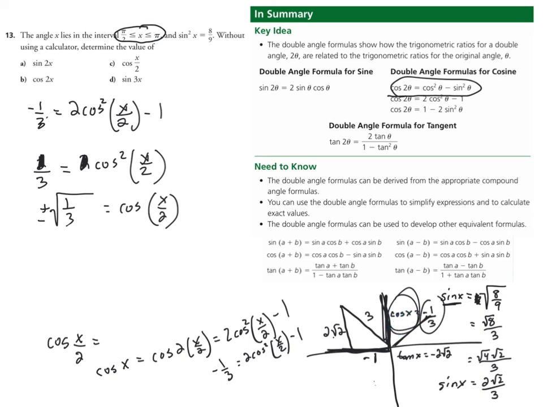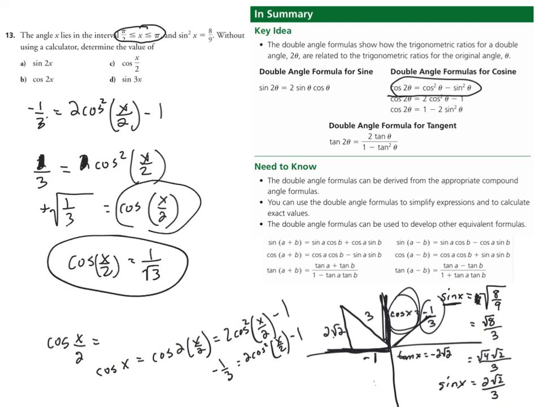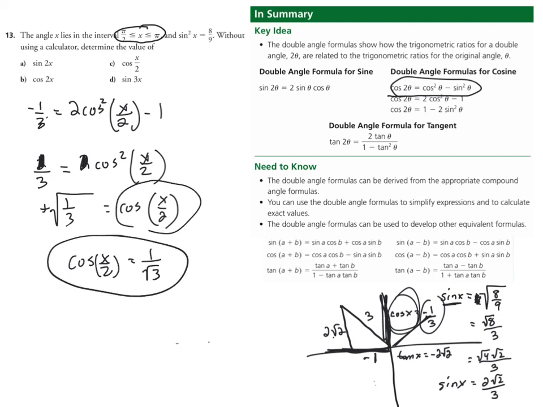So over here, when we said plus or minus, we know it's going to be the plus part of it. So that's it. Cos of x over 2 is equal to root of 1 over 3. Or we could actually say cos x over 2 is equal to 1 over root 3. It's root 1 over root 3, but root 1 is just 1. All right, that one was fun.